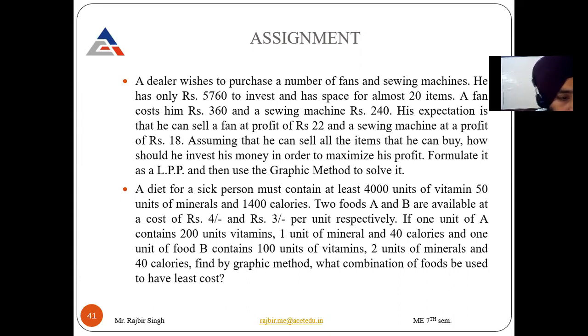If one unit of A contains 200 units of vitamins, one unit of mineral and 40 calories, and one unit of food B contains 100 units of vitamins, 2 units of minerals and 40 calories. Find by graphical method what combination of foods be used to have least cost. So here we have to apply the graphical method to solve this linear programming model.